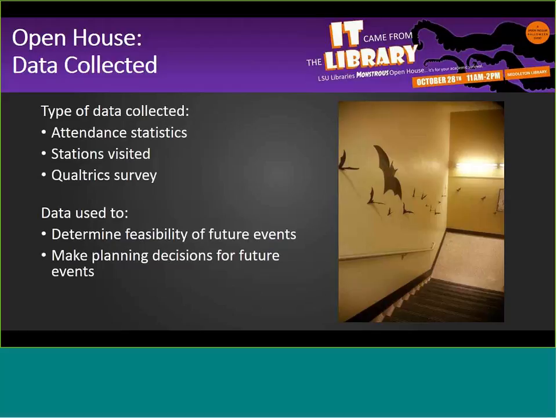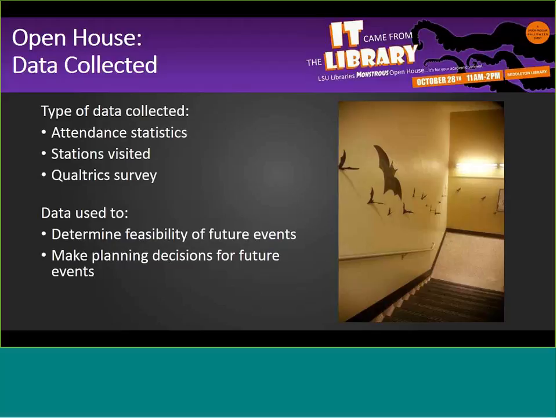This helped us determine when we needed to maybe move a station if students weren't finding it, or if we had too many stations on one floor. It also helped us know how many students checked in and where the drop-off was, how many students actually turned in a passport and finished our open house. And so all of this information has helped us in different ways.